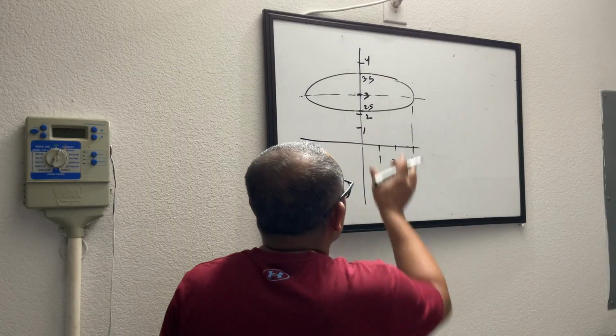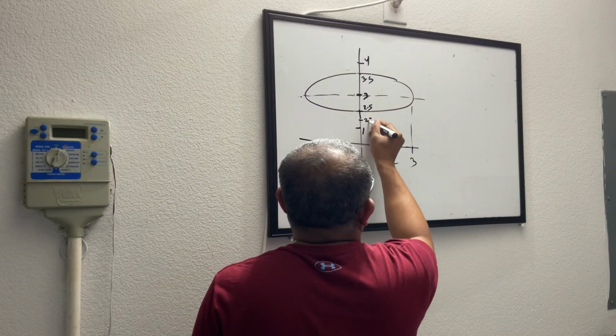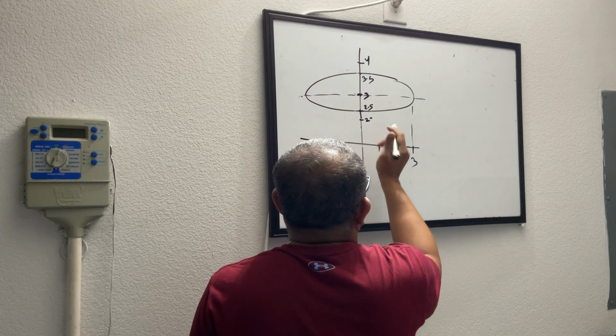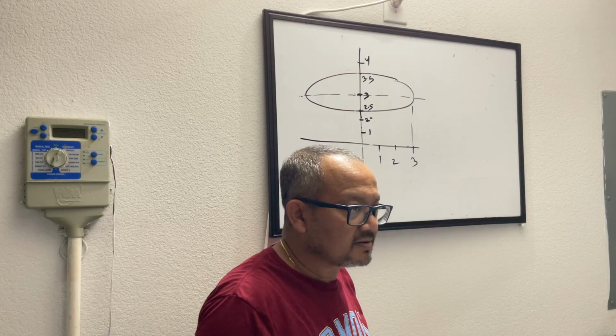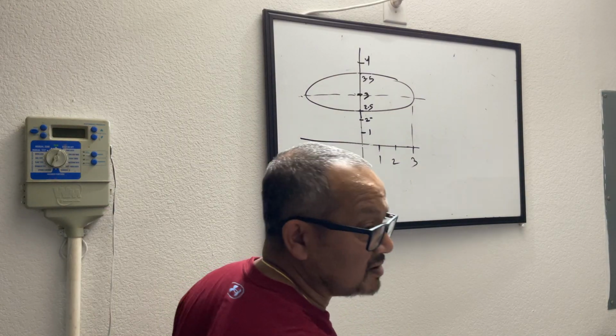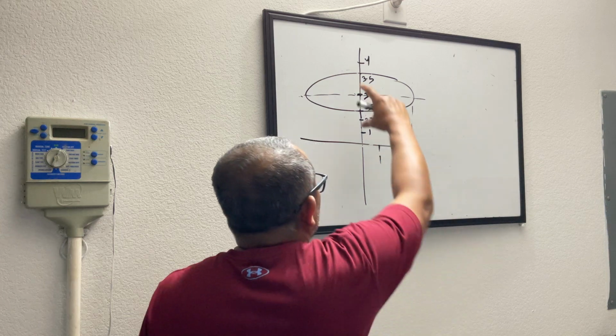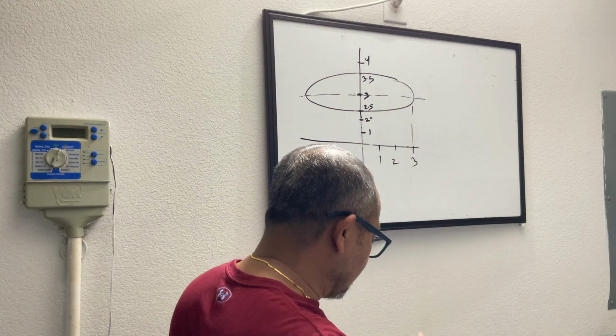I did not do a great job with the drawing, so I will say this is 2. Hope that makes it more relatable. So the vertical edges are 2.5 and 3.5. Okay, now I have just drawn it.